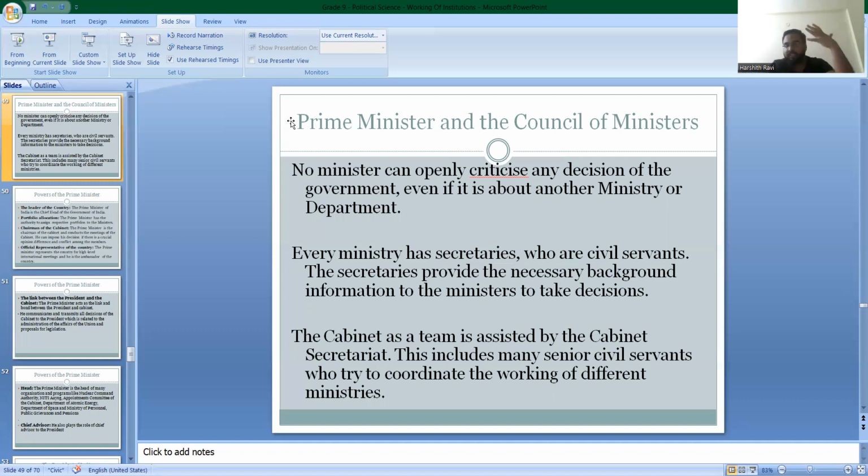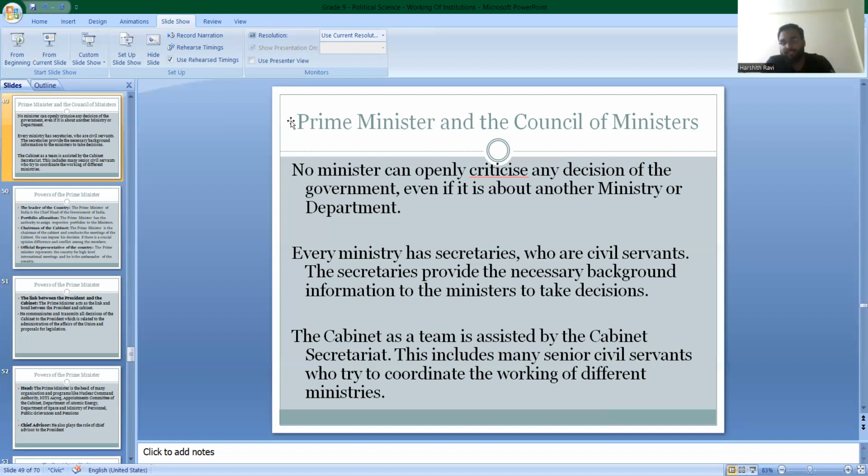So once you reach that stage of seniority, you can have a chance of serving in the cabinet secretariat, right? And the cabinet secretariat essentially coordinates the working of different ministries, makes sure that the agendas are all aligned, that everyone is on the path, things are being taken care of.